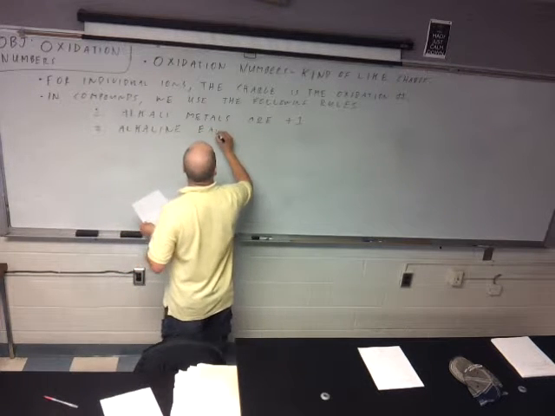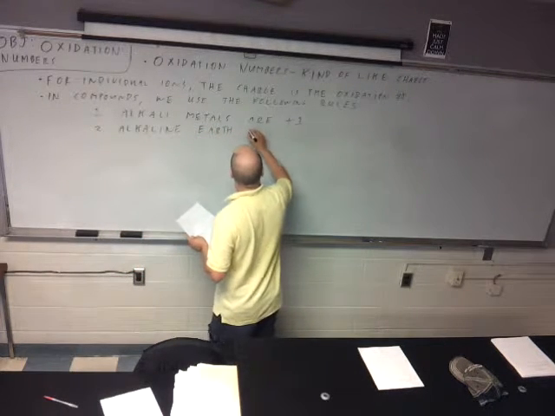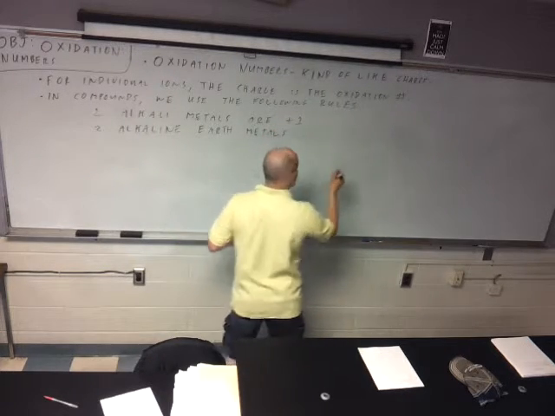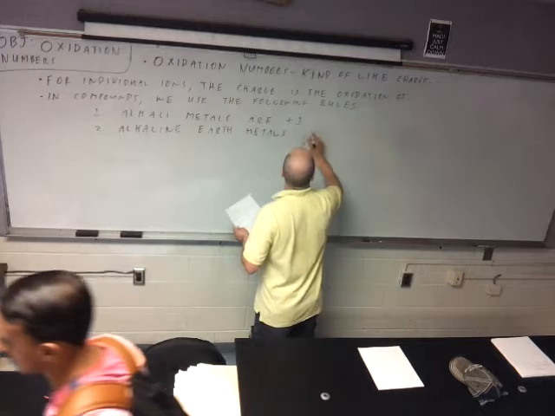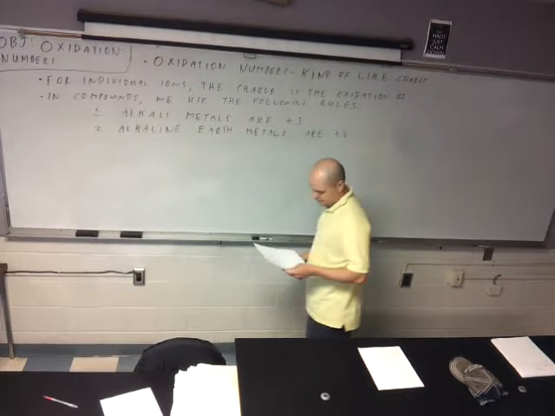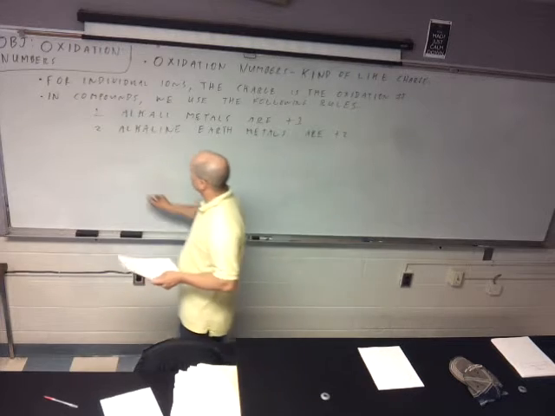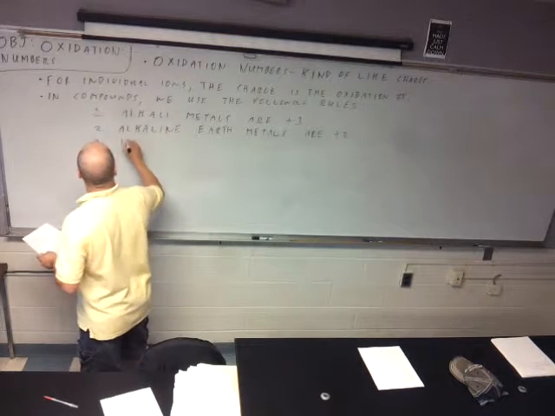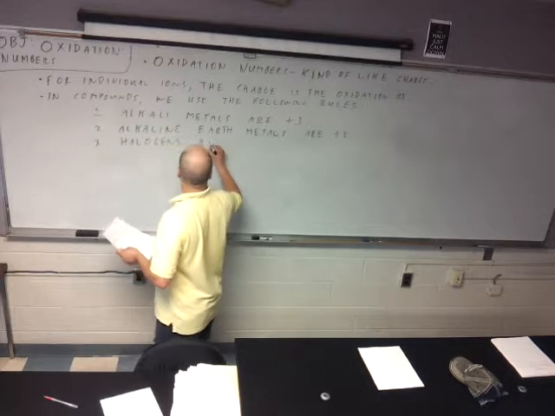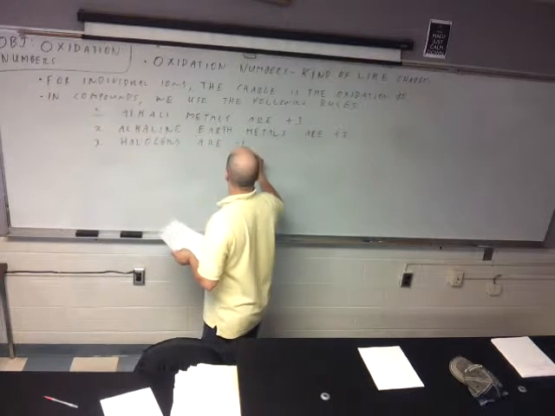Number two, alkaline earth metals are +2. Number three, halogens are -1.